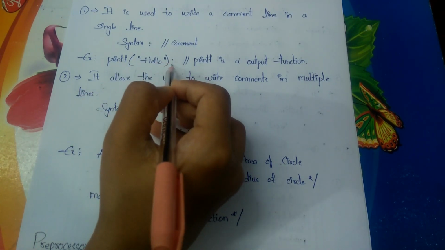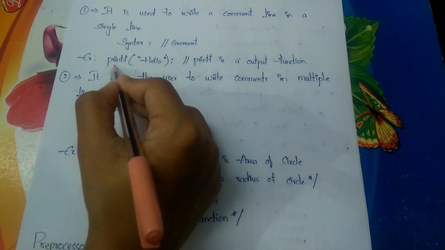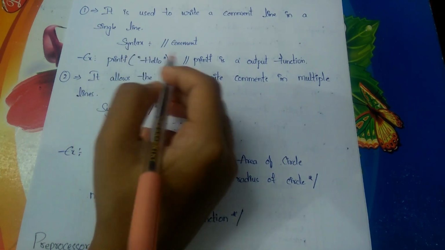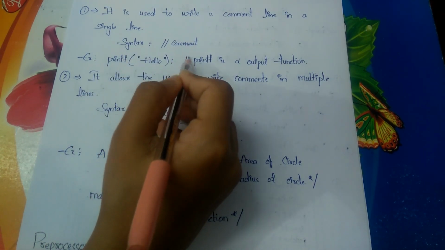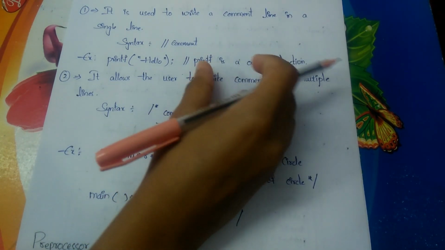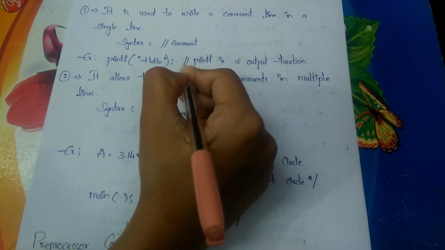Every statement ends with a semicolon. The user may not know what printf means, so I write the definition in the comment line: two forward slashes, printf is an output function. This is a single statement, so I am using the single comment line.